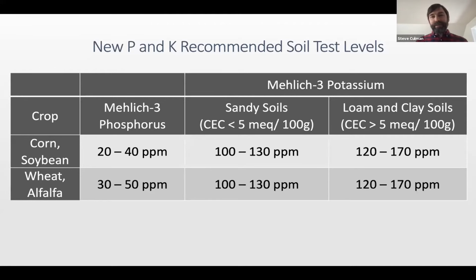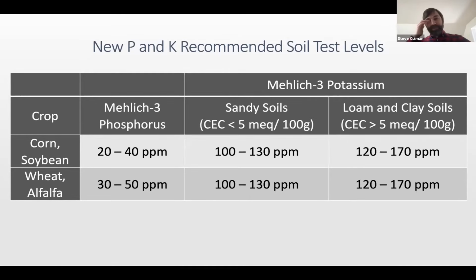We recognize that there are sandy soils and then loamy and clay soils. So at less than, say, 5 milliequivalents of CEC per 100 grams, we have a little bit lower Mehlich-3 optimal range for potassium. But for most of the soils that we're going to encounter in the state, we're going to suggest 120 to 170 parts per million as that optimal range to keep your soils in, okay?